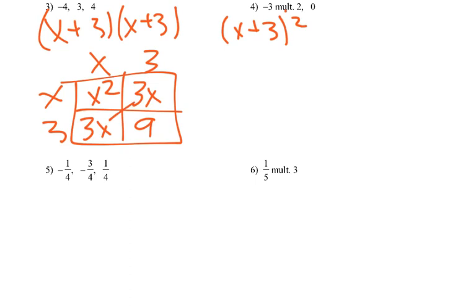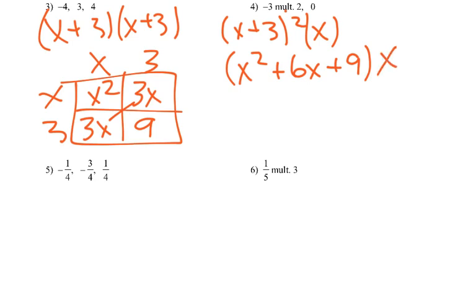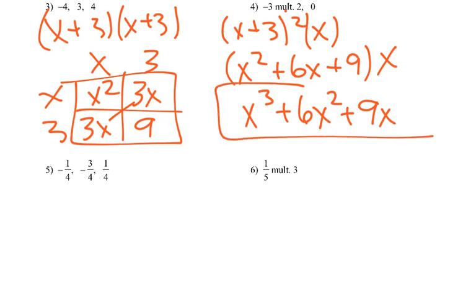And then 0 would mean times by x. So I'd get x squared plus 6x plus 9, and all that is still multiplied by x, which would turn it into x cubed plus 6x squared plus 9x. And there's my answer to number 4.